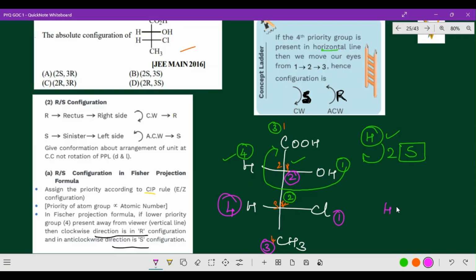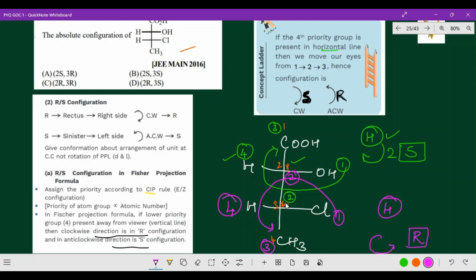On the horizontal line, we go one, two, three, and four. How do we identify whether it is clockwise or anti-clockwise? It is anti-clockwise. For the horizontal line, anti-clockwise means R configuration.